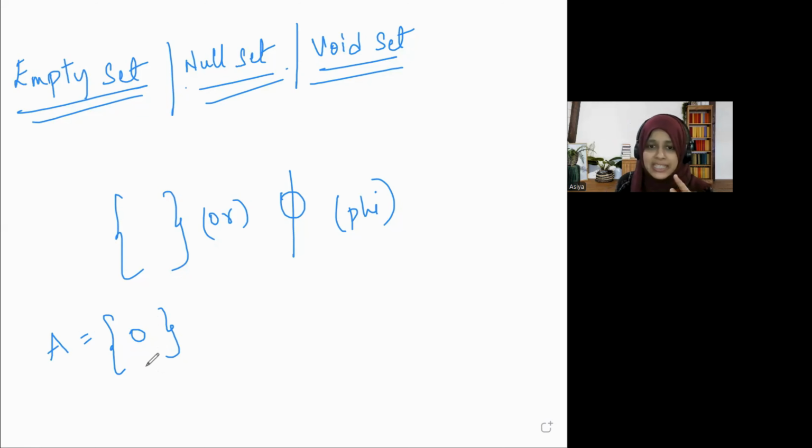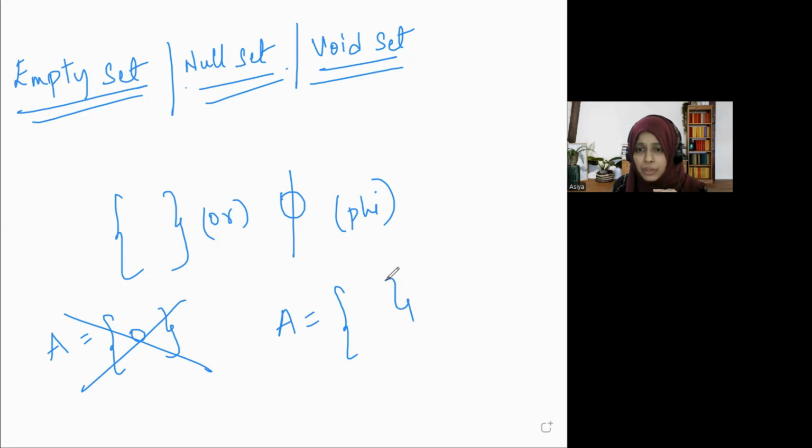But here we see an element 0. So this cannot be an empty set. It has to be completely empty for it to be called an empty set, a null set, or a void set. Okay, I hope that's clear. This is one way of representation, the roster form representation of a null set.